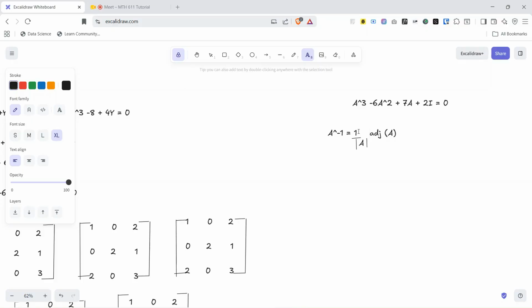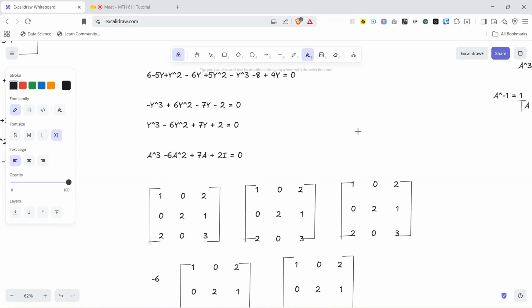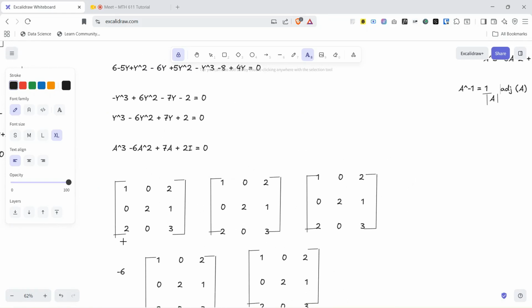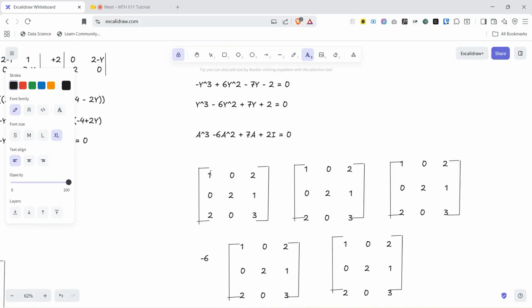Now using Cayley-Hamilton's theorem, first we need to find the determinant of A. So finding the determinant of A is doing this, like we did, making 1 then multiplying this by this.